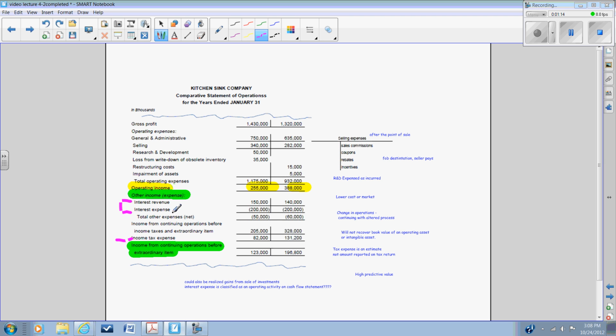And we have our interest expense, which relates to borrowing costs to purchase operational assets, to provide working capital for the business, to provide for business acquisitions.